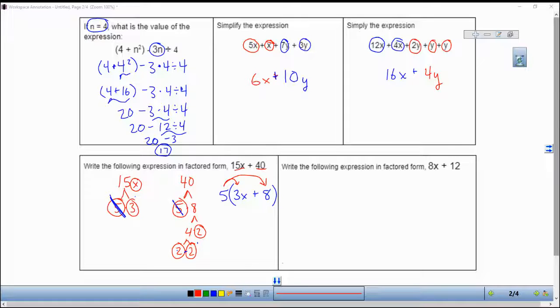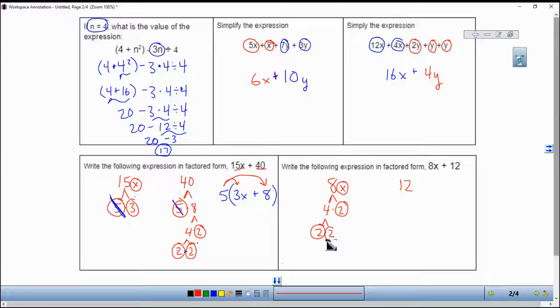All right, we're going to try the next one. It's very similar. In fact, it's the same idea, but different numbers. So we have 8x and 12. All right, so we'll break these down. We'll find the factored form. Here we go. So we'll circle the x, break the 8 down into 4 times 2. Circle the 2, break the 4 down into 2 times 2.